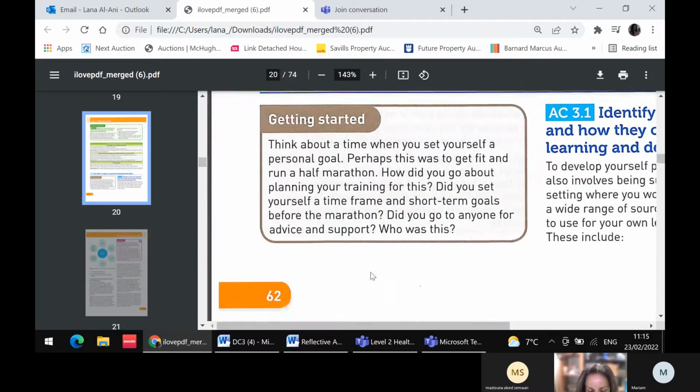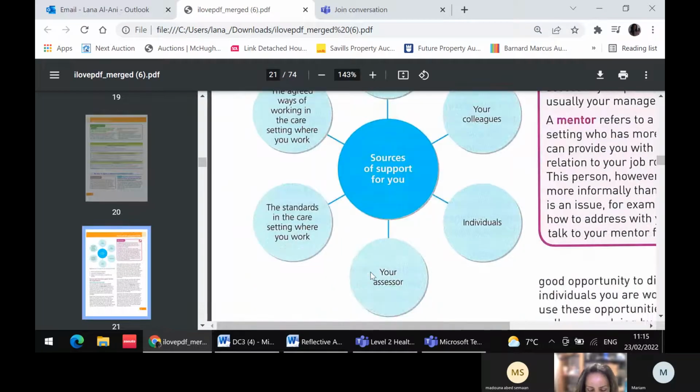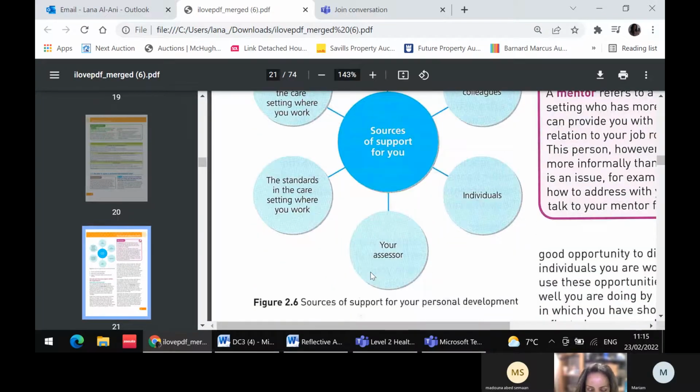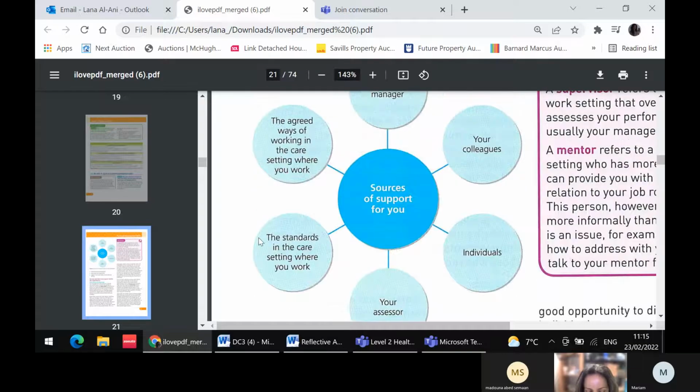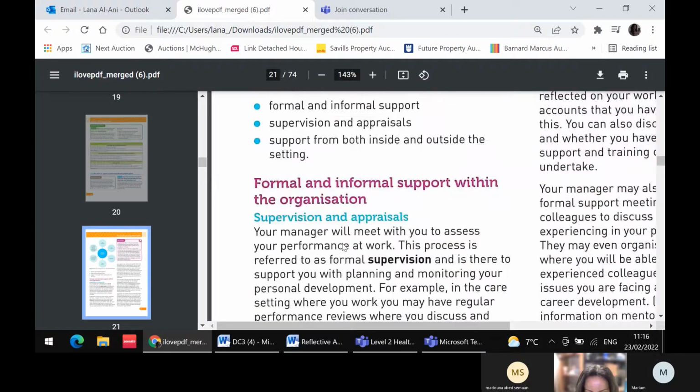And these resources are my manager, my colleagues, the individual person that I care for. They can provide me with lots of good information about themselves. Also my assessor. I can follow the standards in the care setting where I work, and also I follow the policy and procedure and the ways of working, and to provide best practice.